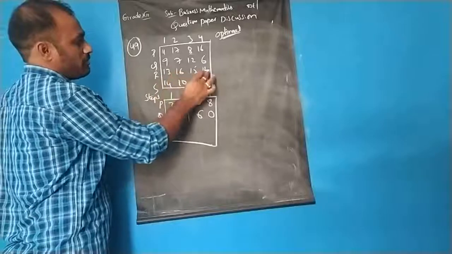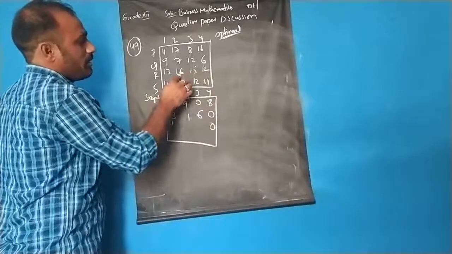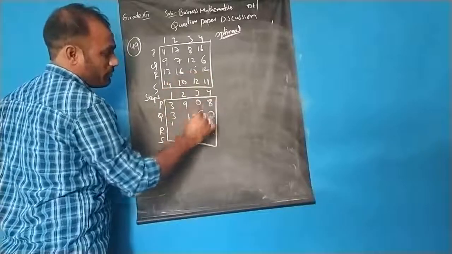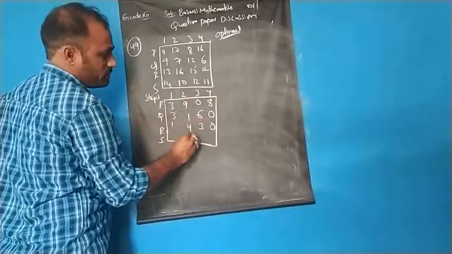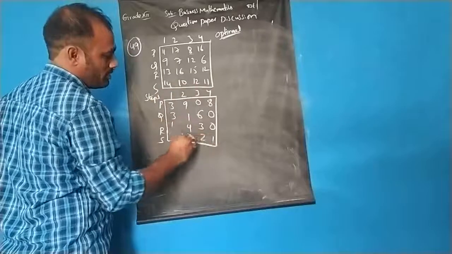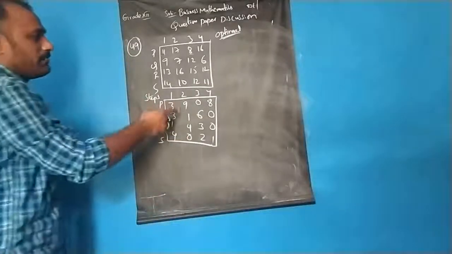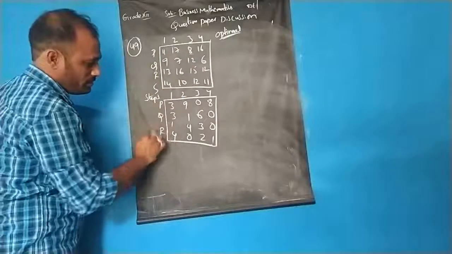Here the smallest number is 12, so 0, then 1, and 16 minus 12 is 4, 15 minus 12 is 3. Here the smallest number is 10, so 0, 12 minus 1, and here is 4. After performing the row operations, whatever the smallest number is, we subtract it from every number. So this is step 1.